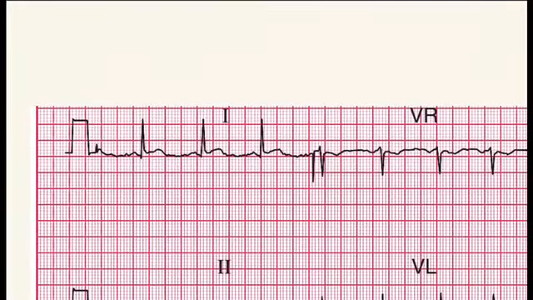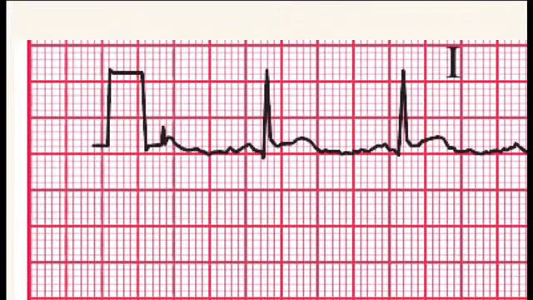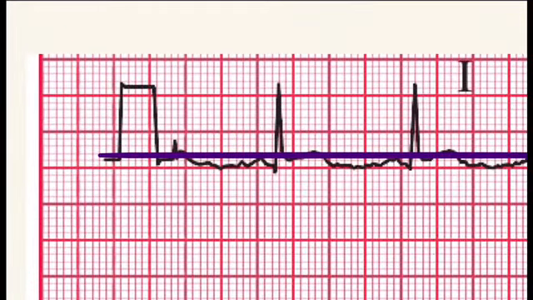Now guys, I want you to look here. The baseline of this ECG was this. Let me not cheat and let me try to make it more straight. This was the baseline, a small inferior.